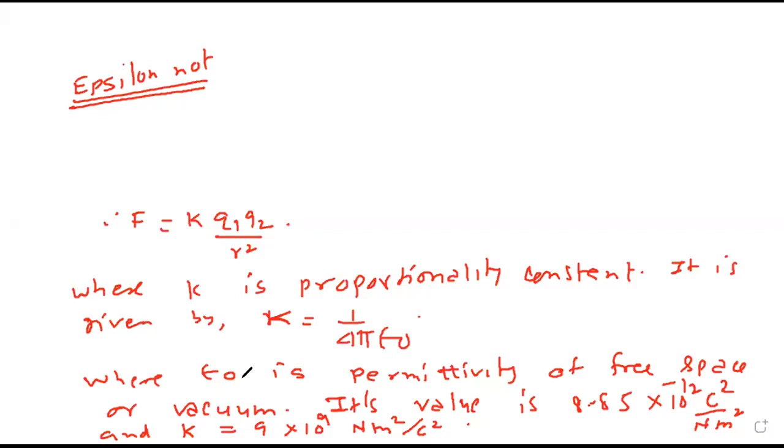See, every time there may not be air or vacuum. Sometimes charges can be in air, in water. Sometimes charges can be surrounded by some other material. So other than air also we can have a surrounding medium. So what is that quantity called? Dielectric constant.